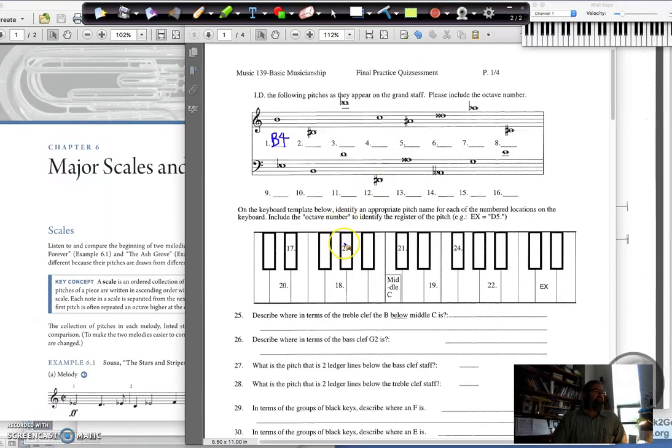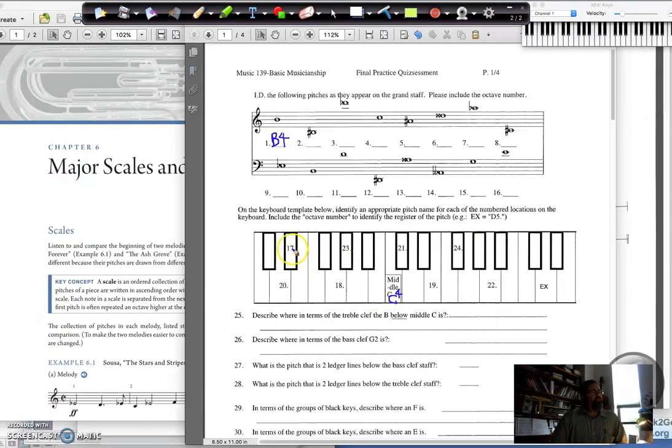And then a similar sort of thing, but now identifying notes on the keyboard, with middle C taken to be C4. So what would, say, number 17 be? Well, it's in this third octave. There's the C3 octave number. Here's the C4 octave.